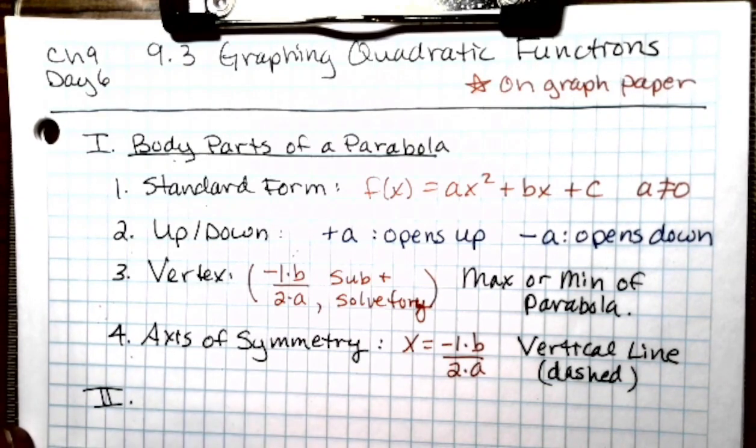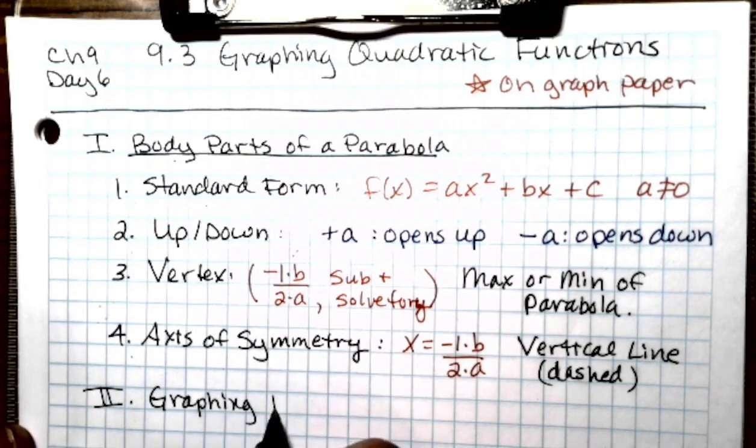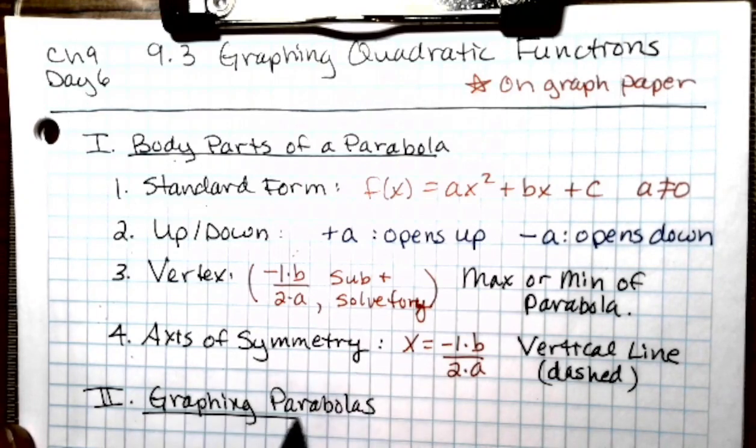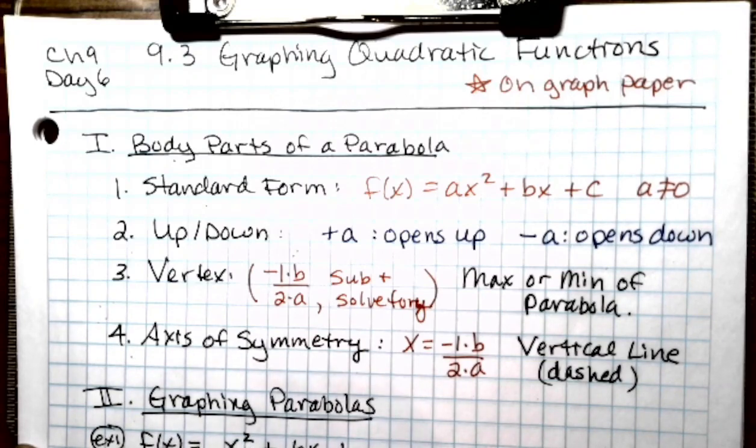Let's go to Roman numeral 2, graphing parabolas. All right, and example 1 that we're going to graph is f of x equals x squared plus 6x plus 8.